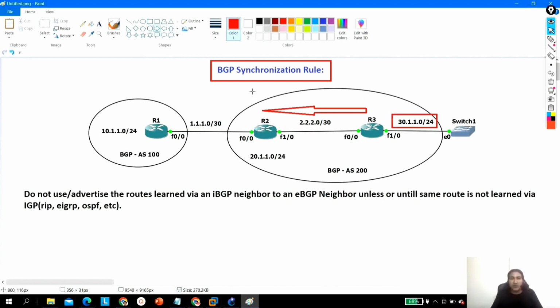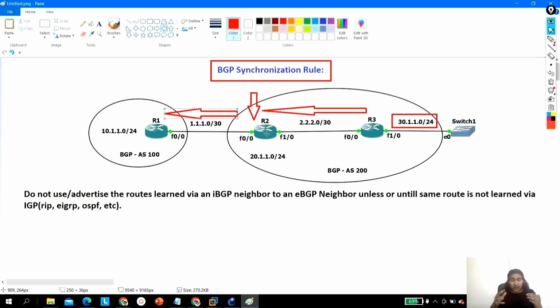After that, do not advertise to an eBGP neighbor. Who is the eBGP neighbor of router 2? Router 1. So router 2 will receive the 30.1.1.0/24 network, but it will not use that network.